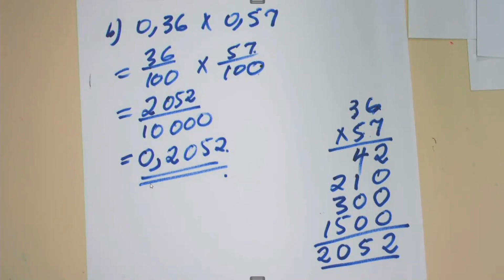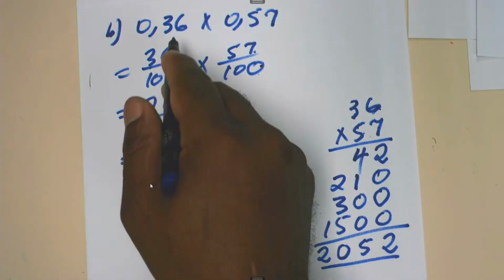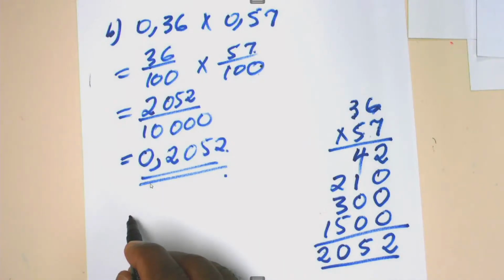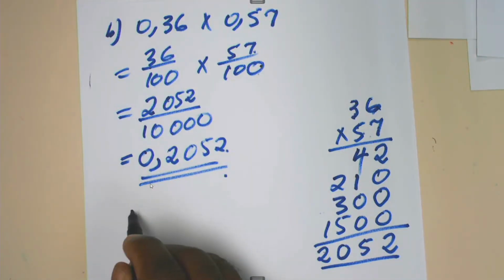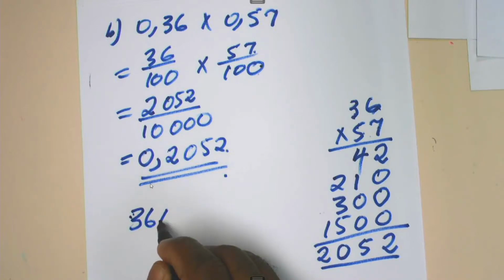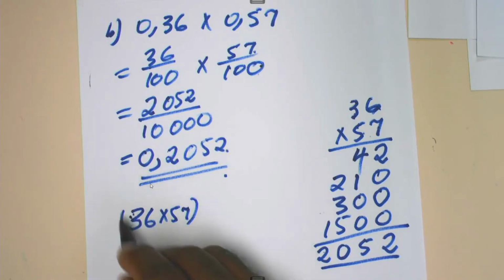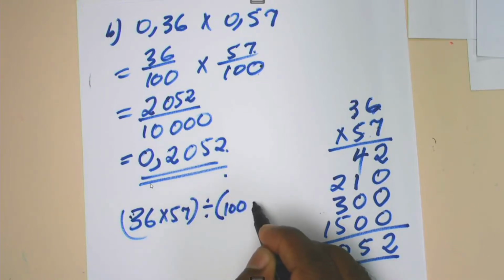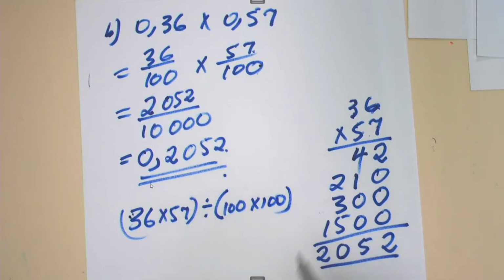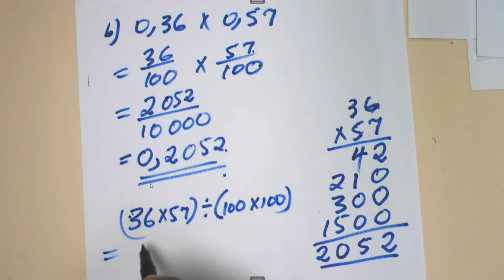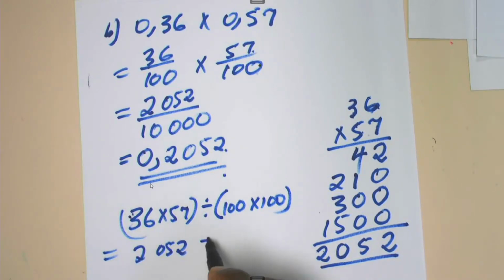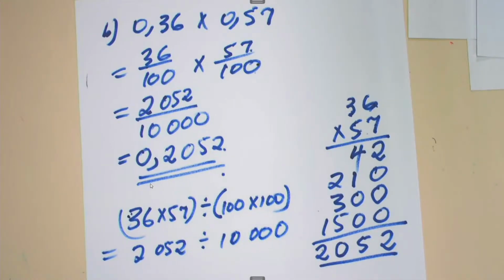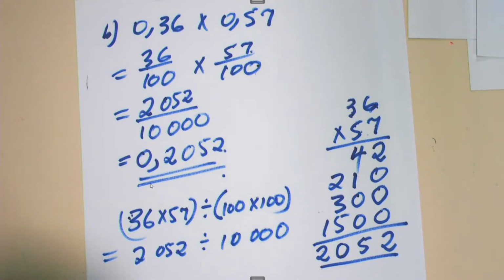It becomes so easy. Now you can see that you can go to the next method where you will say 36 multiplied by 57, divided by 100 multiplied by 100, which is going to give you this number divided by 10,000. Now 10,000, the number will shift.